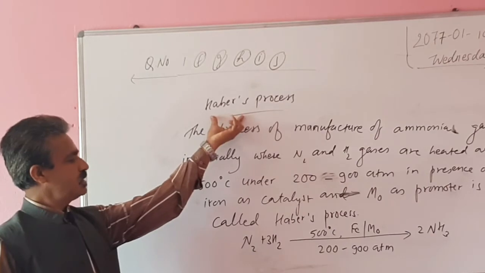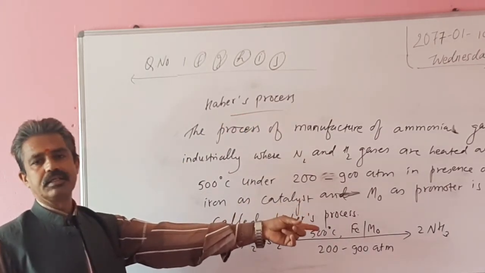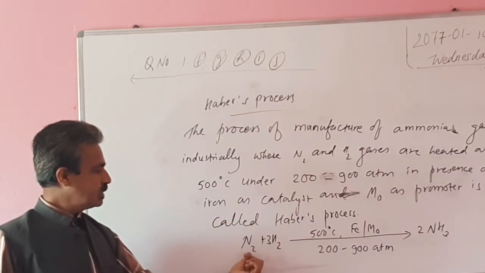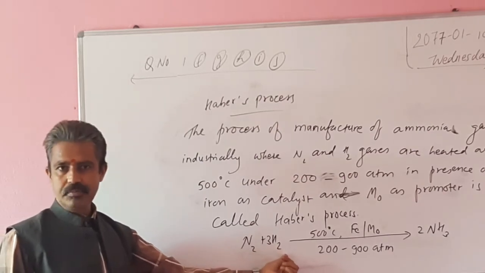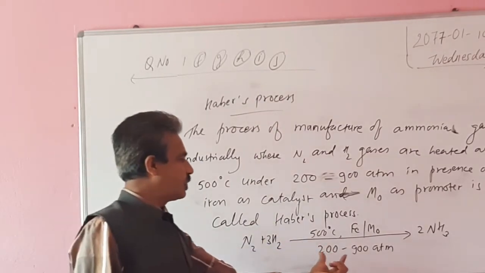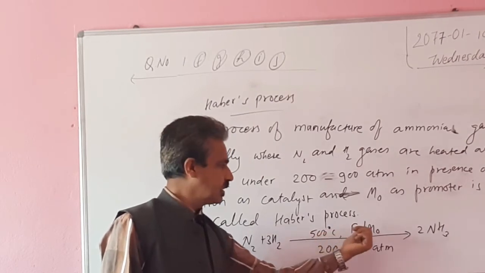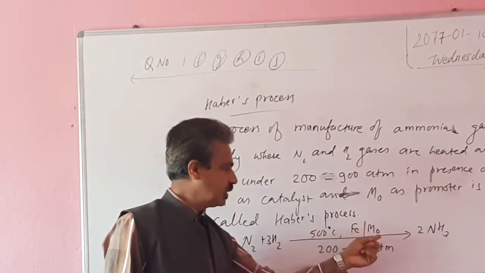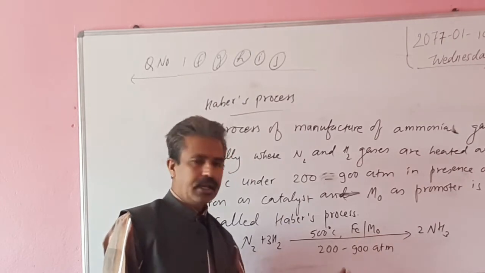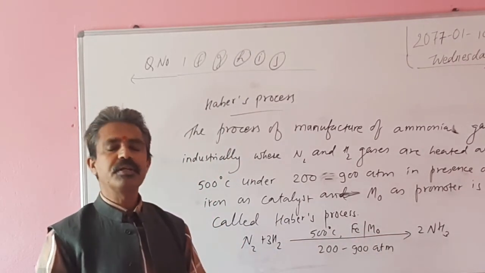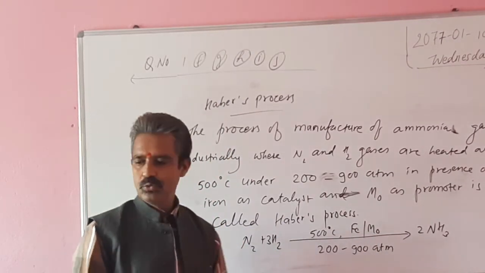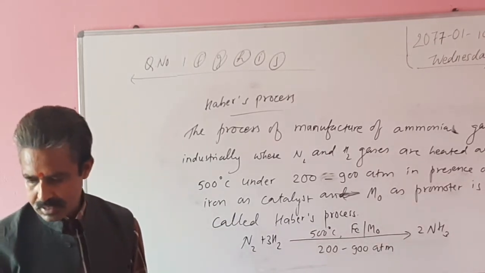Because of Haber's process, a large amount of ammonia gas is formed by reacting nitrogen and hydrogen. But certain conditions must be fulfilled. What are they? Temperature 500 degrees centigrade, catalyst Fe, promoter MO, and very high pressure should be provided, 200 to 900 atm.